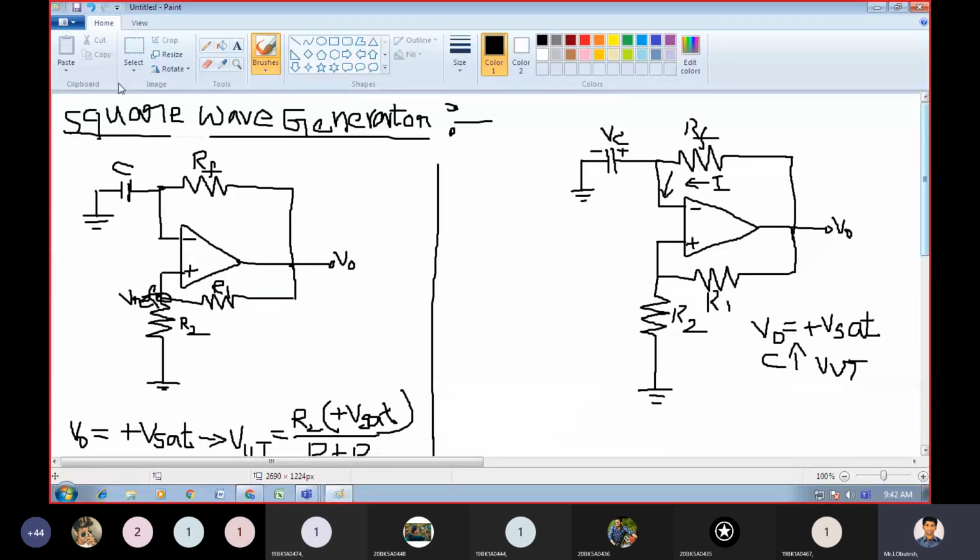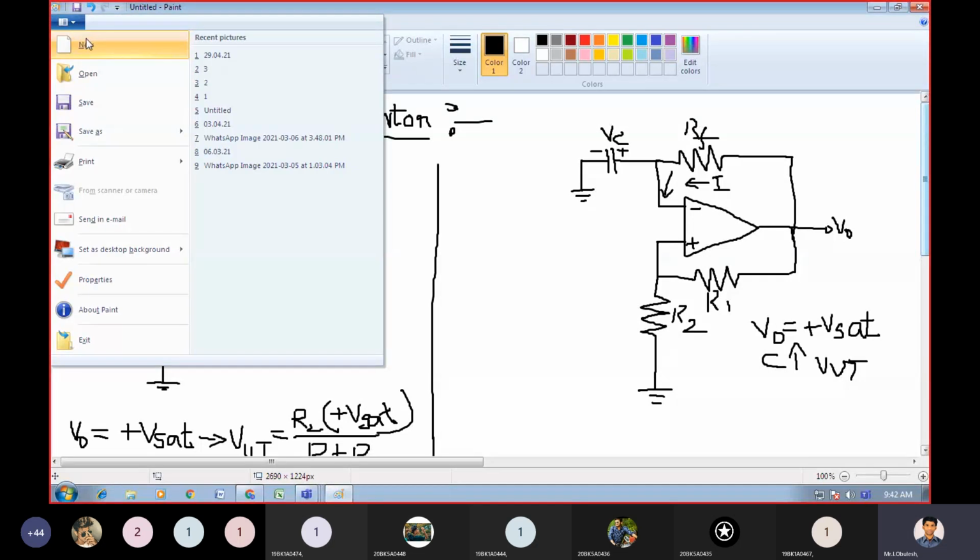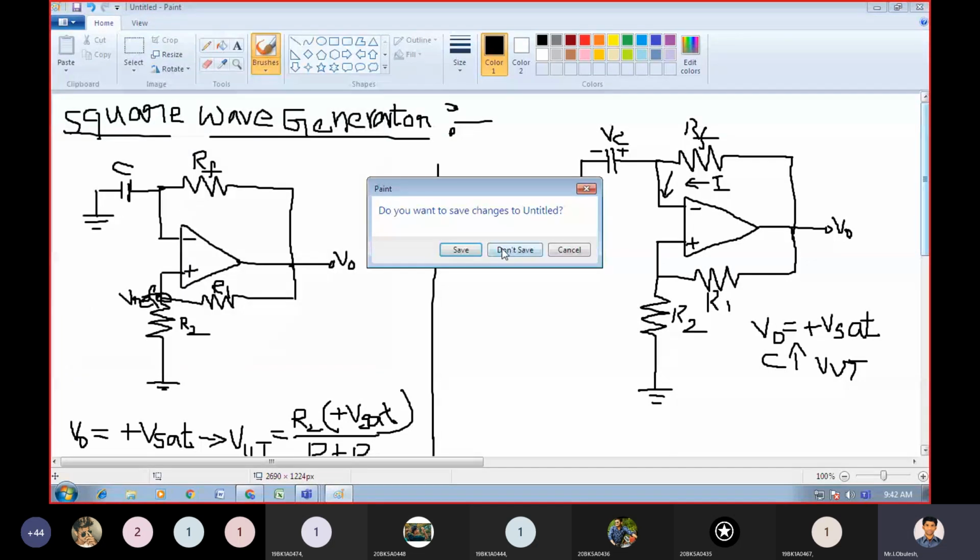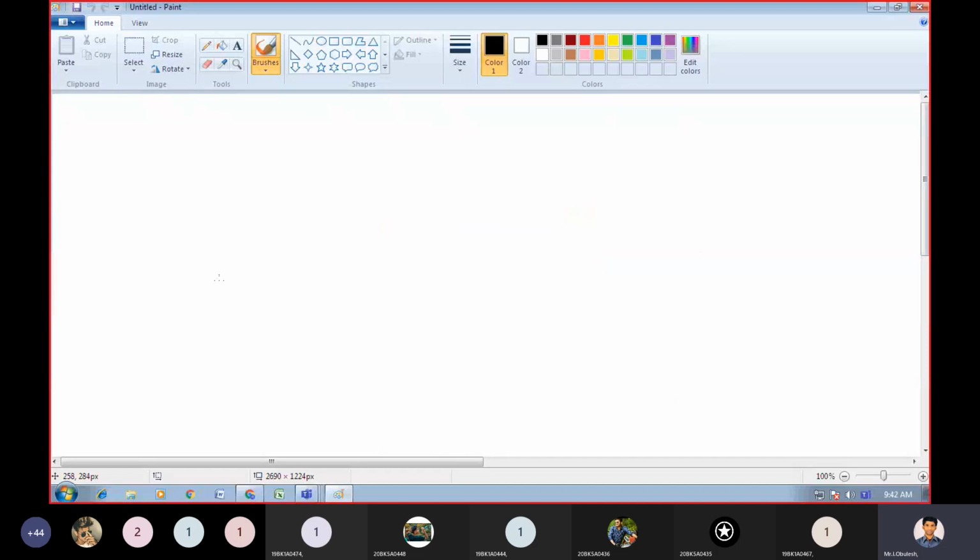Yes, sir. Yeah, now I'll draw the graphical diagram. So here we have only output, we don't have any input. Why? This is a free running oscillator.